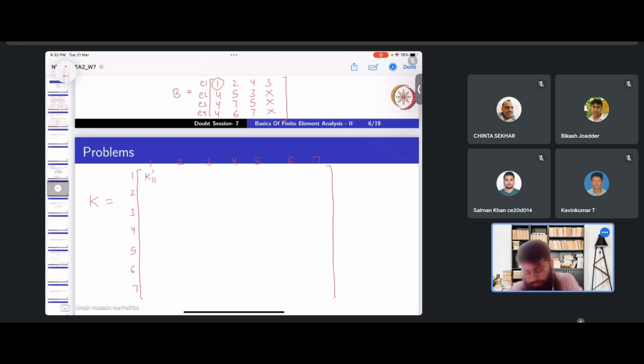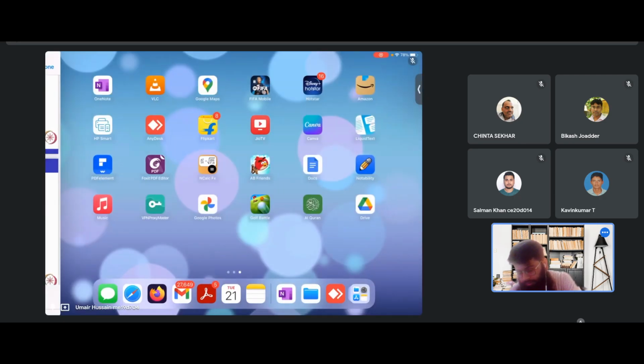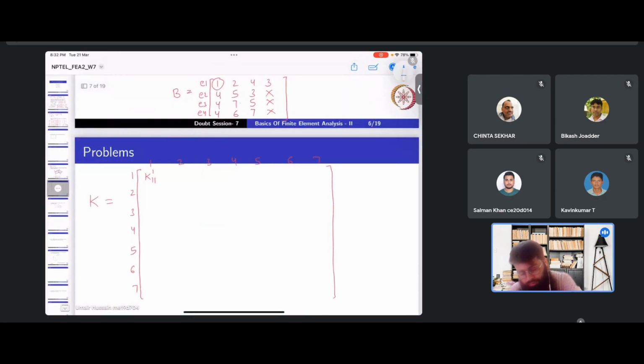And now for 1 2, what connection do we have? In how many elements do we have 1 2 together? We have only this element 1 where we have 1 2 together, right?